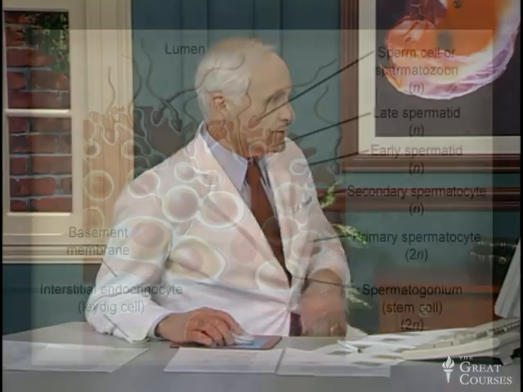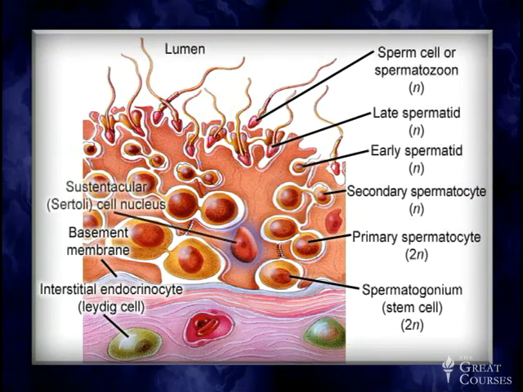This whole process takes about 2 to 3 months from the time that one of these stem cells develops and matures and gets up here to be a fully matured sperm cell. We have something else here called a Sertoli cell or a sustentacular cell, which is also providing nourishment through the tissues for the spermatogonia.